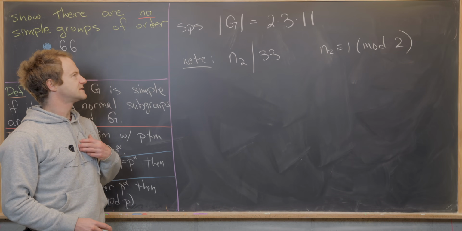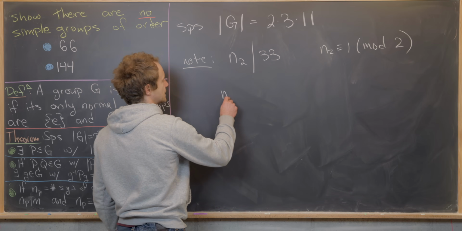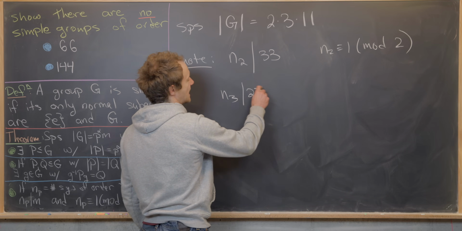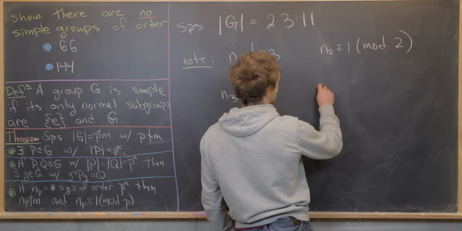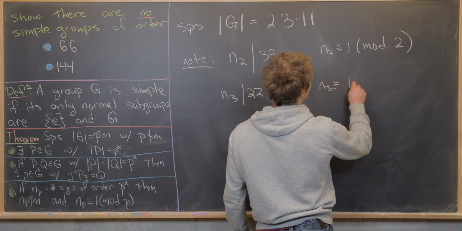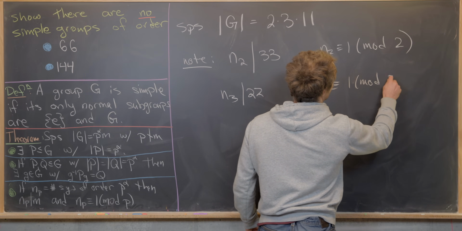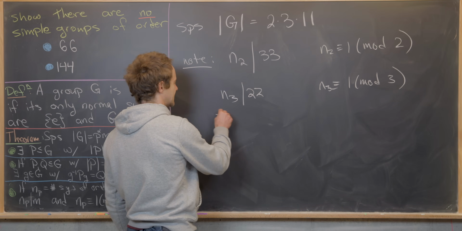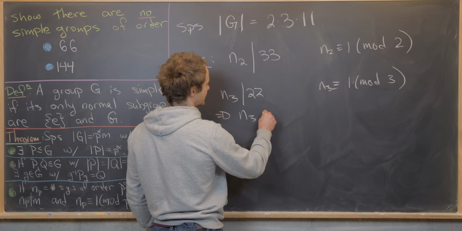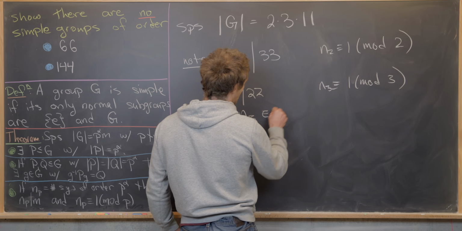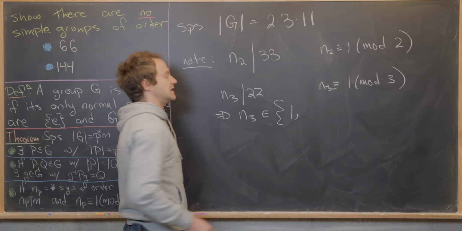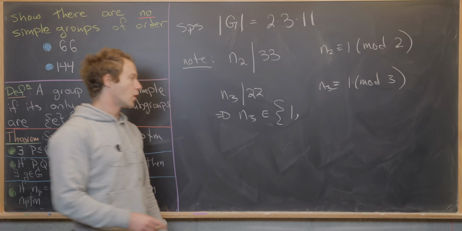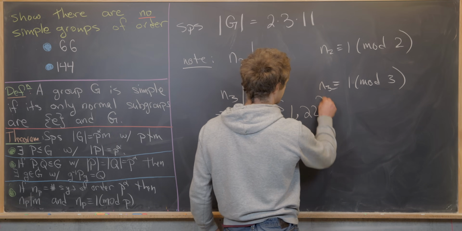Okay, so let's maybe look at n_3. So n_3 must divide 22, and n_3 needs to be congruent to 1 mod 3. Notice that that tells us that n_3 can be in the following set. It could be equal to 1, or it could be equal to 22.